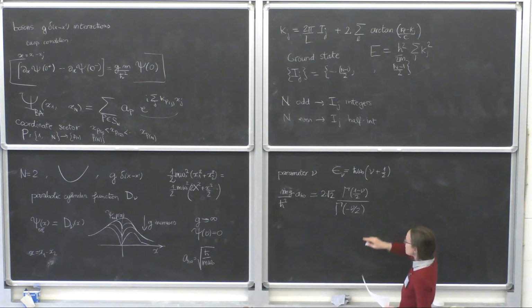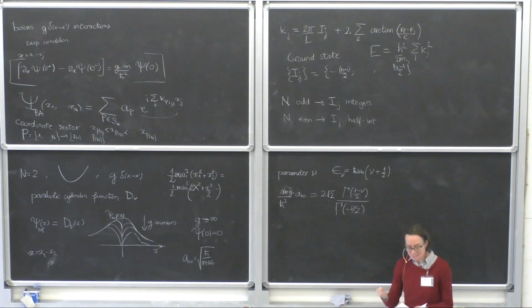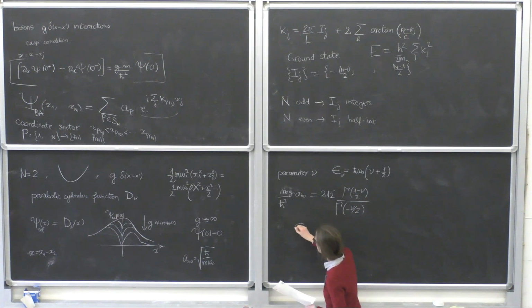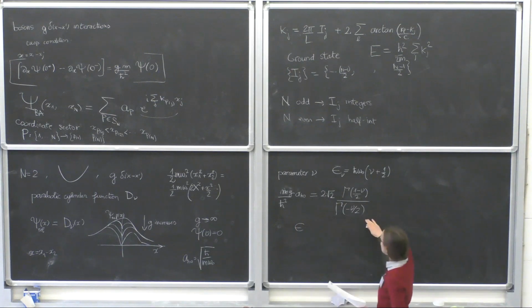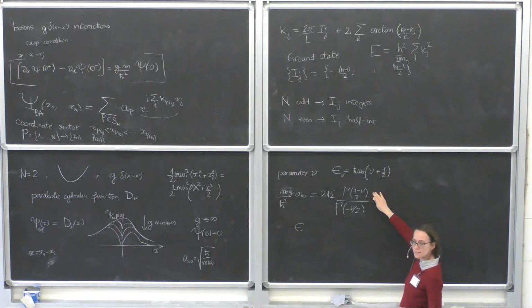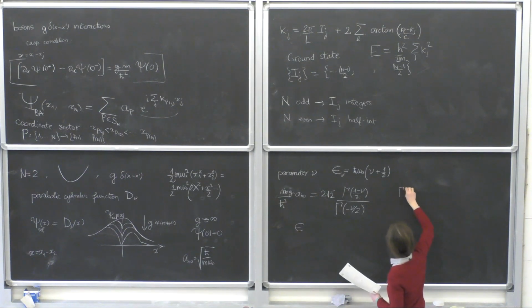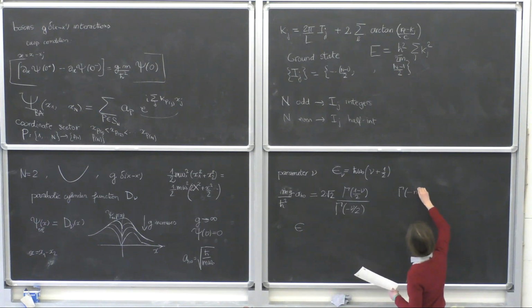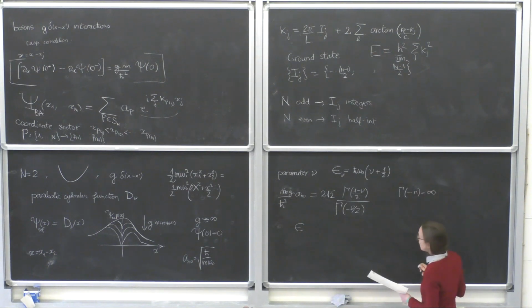So actually, I cannot resist, I show you also the energy levels as a function of the interactions. Because you see, we can immediately see what happens at zero and infinite interaction, because remember that the gamma of negative integers is infinity.